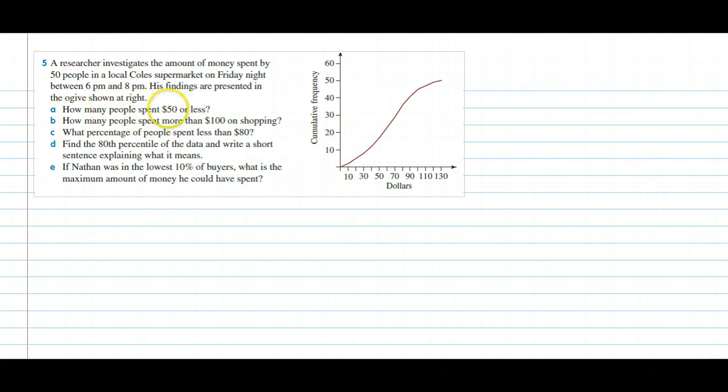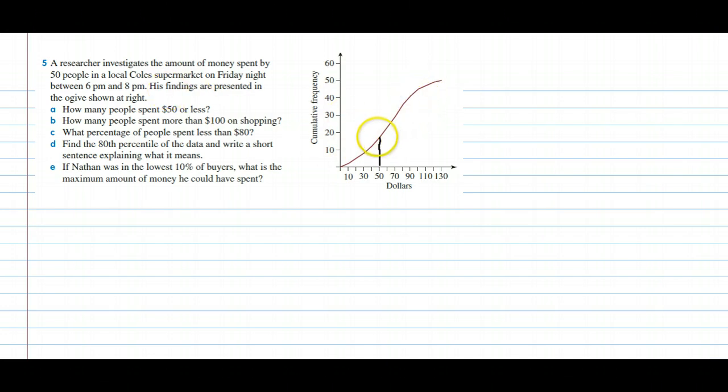It's asking how many people spent $50 or less. To answer a question like that, we start at $50 on the relevant axis. We go up to the data line. We've got to connect our question with reality, and this data line is reality. This is the facts about how much people are spending in this situation.